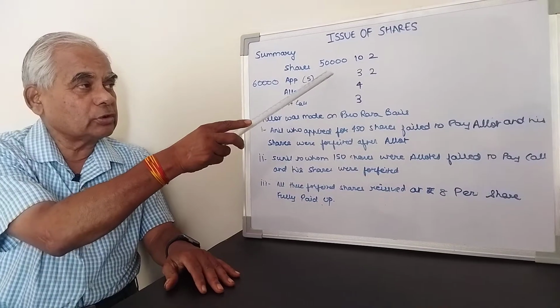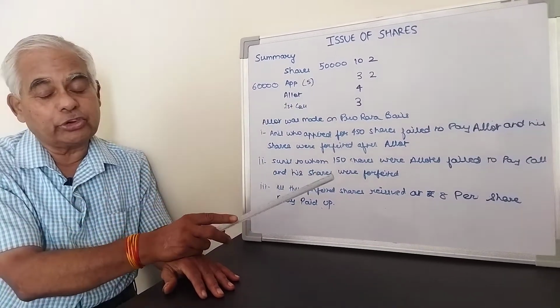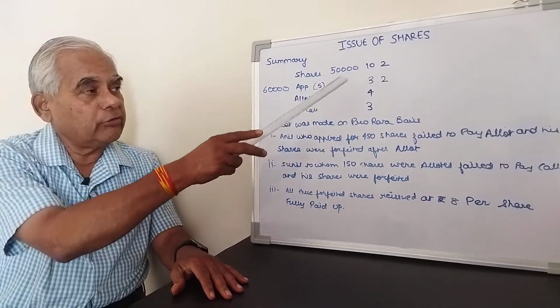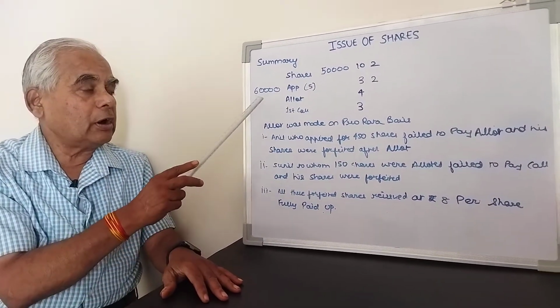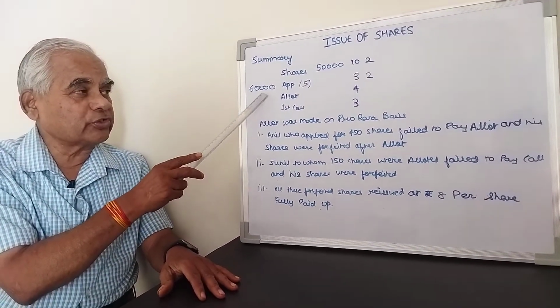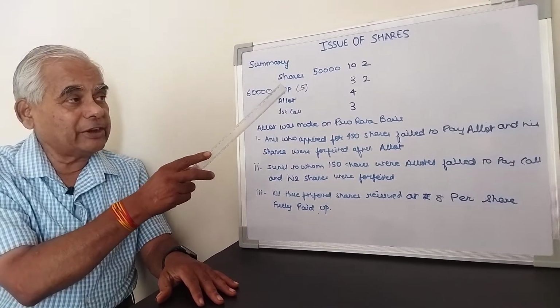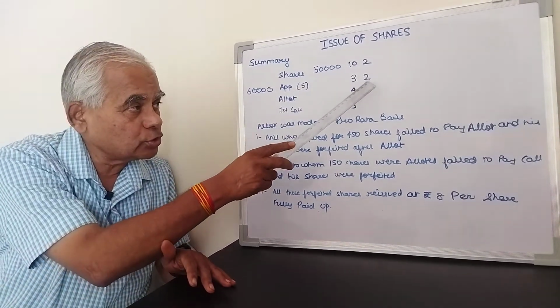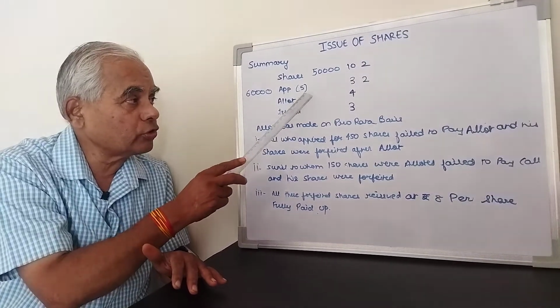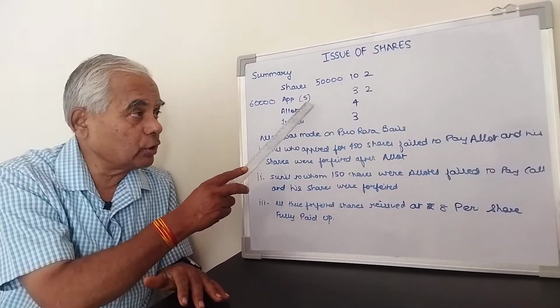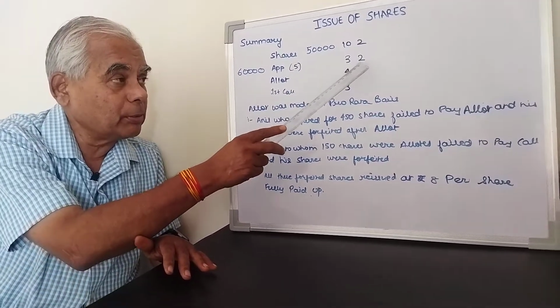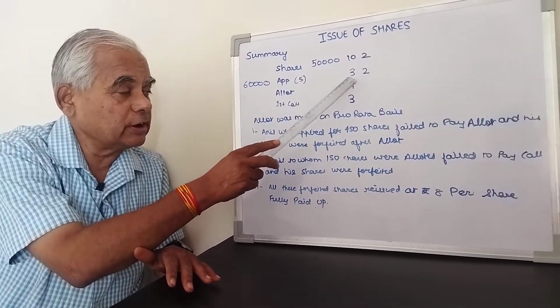A share offer is given to the public, 50,000, meaning issued shares 50,000. Face value of the share is 10, security premium 2. Applications received for 60,000 shares. Application amount is 3 for shares and 2 for security premium, gross amount rupees 5, which includes the premium.